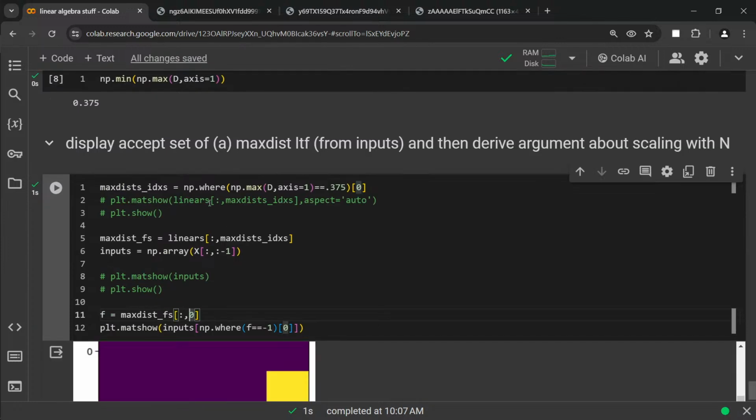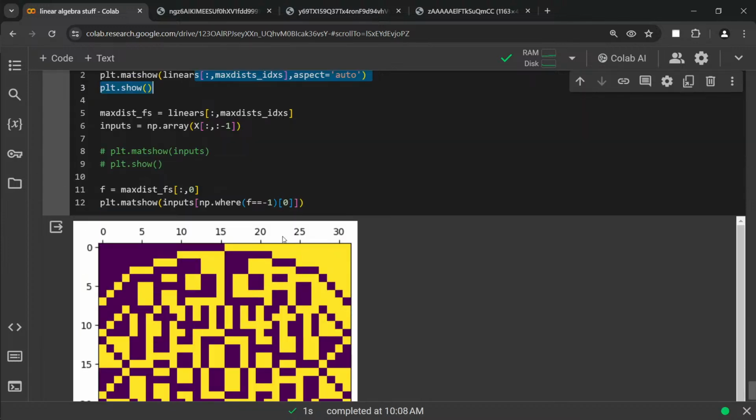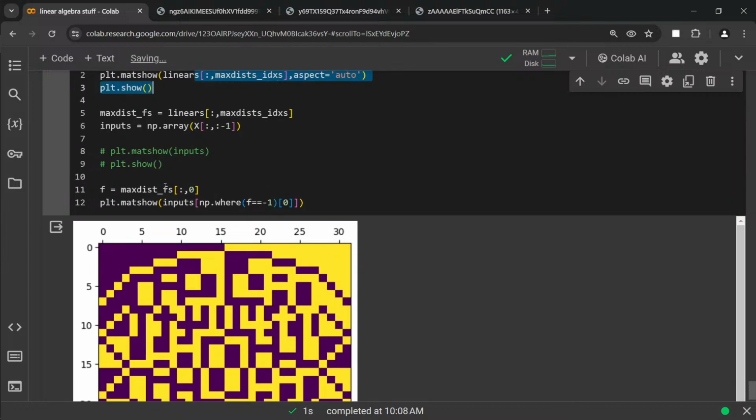We were looking at the 0 function. Okay, let's look at 15a.